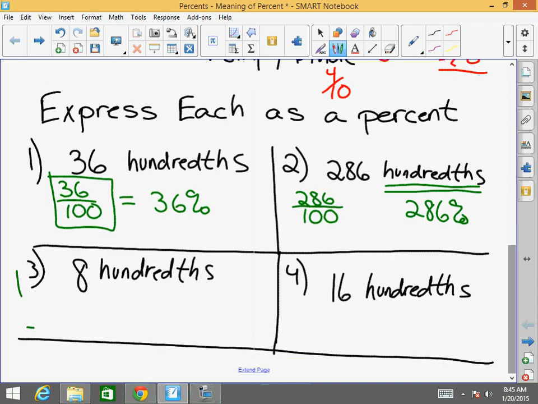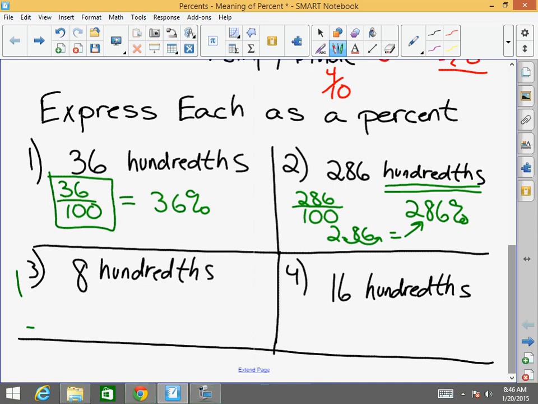Why? Let's think about this. If we divide 286 by 100, we get 2.86. Remember that we already learned how to go from decimal to percent. Don't we move it 2 places to the right? So if I move this 2 places to the right, don't I get 286%?